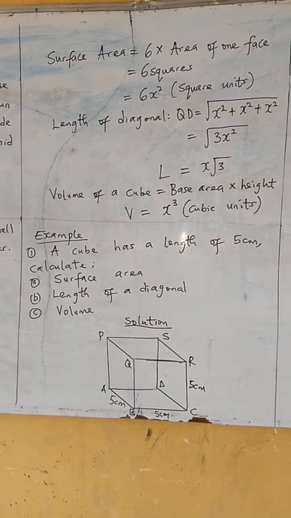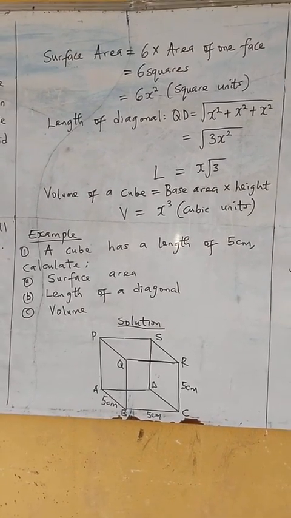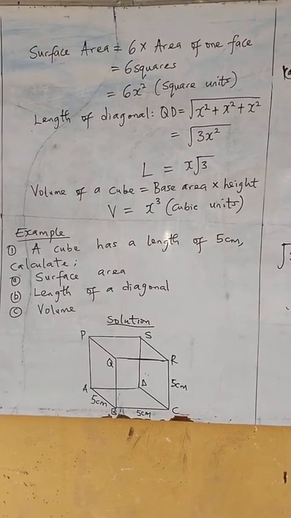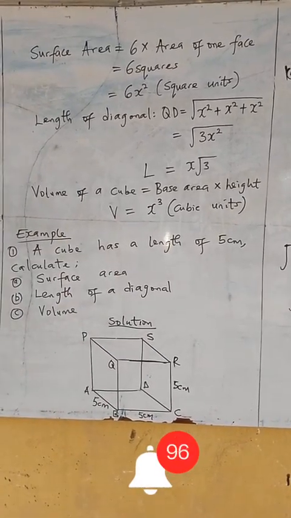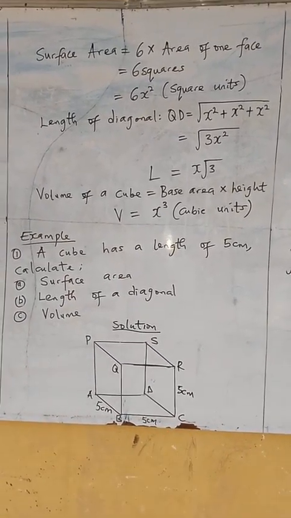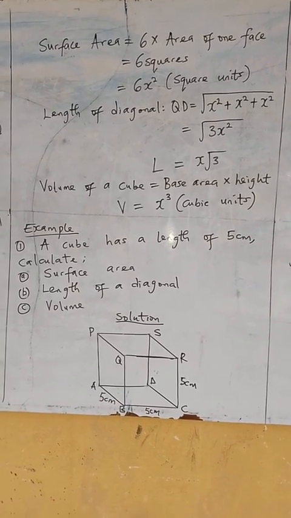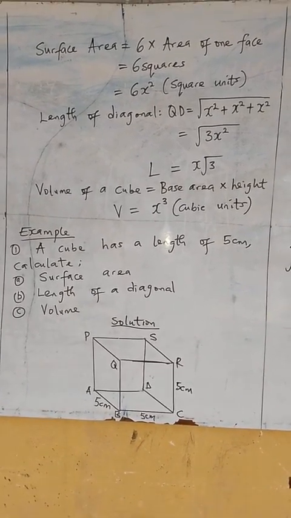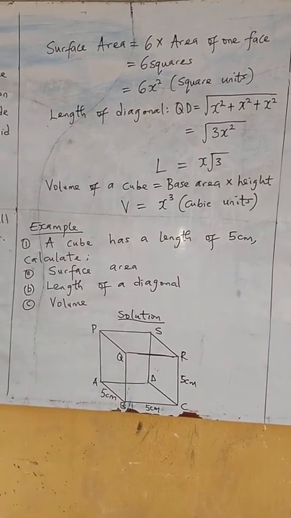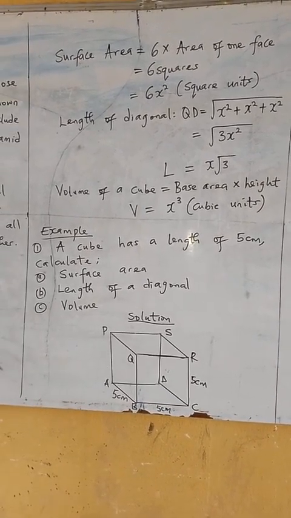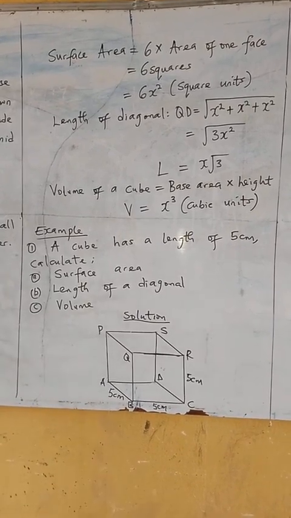Take note of that. Volume of a cube is base area times height. That means V is equal to s cubed. Then let's solve this relevant example given. A cube has a length of 5 cm.